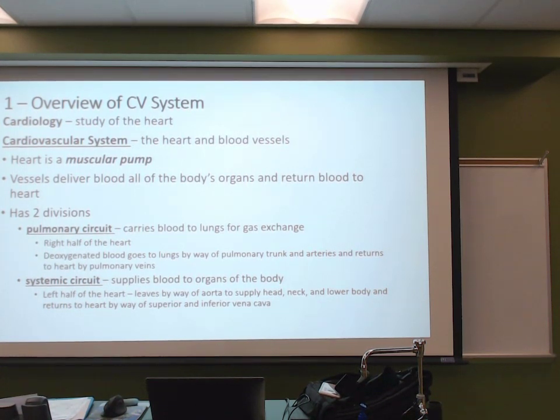Okay, so if we're looking at this model that we have, they're giving a good representation of how large these vessels at the heart are. For example, the aorta, the pulmonary trunk and branches, okay? So it's trying to give us a representation of the size of these vessels for the blood that needs to be moved through this organ.